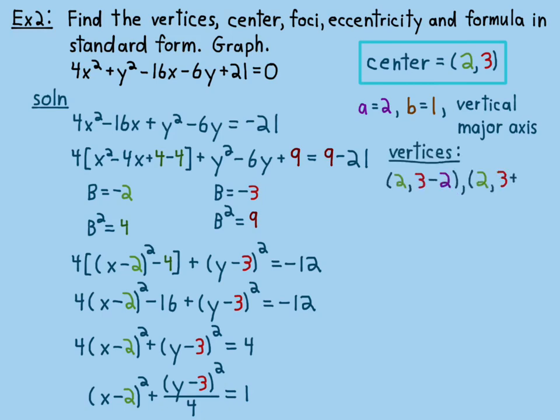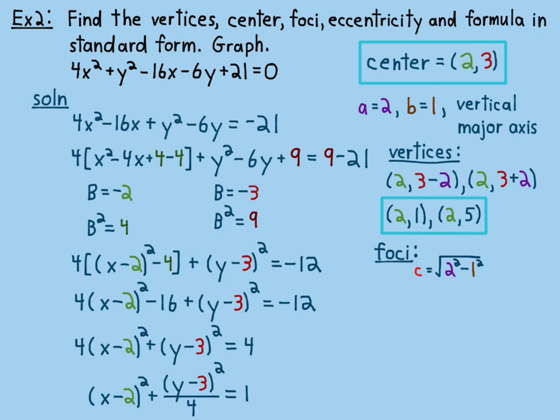So the vertices, you're going to add and subtract 2, that's a, from the y coordinate of the center. So I get 2 comma 3 minus 2 and 2 comma 3 plus 2, which of course is 2 comma 1 and 2 comma 5, both in parentheses of course. So those are the vertices. Now the foci, I need to find c. c is the square root of a squared minus b squared, so it's the square root of 4 minus 1, which is the square root of 3.